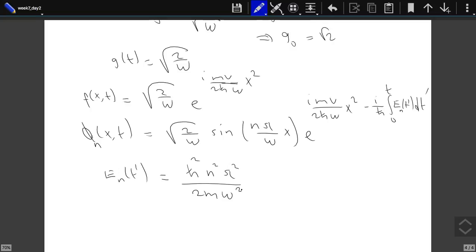So we have the exact solution. Here we have a problem in which the potential depends on time t, but nevertheless we can find exact solutions.